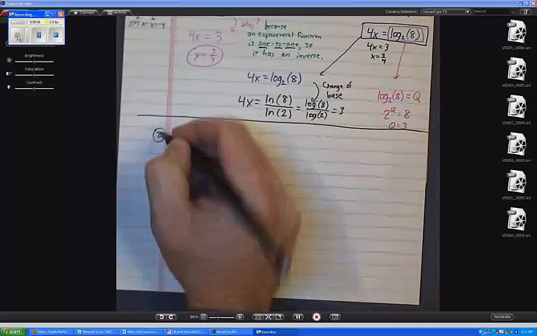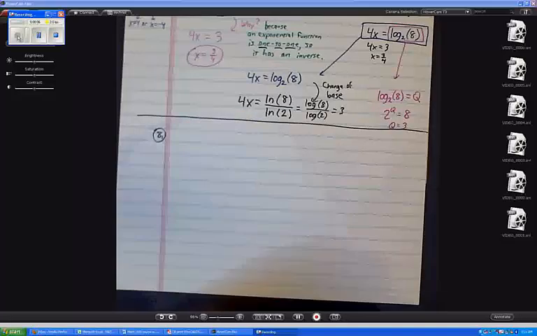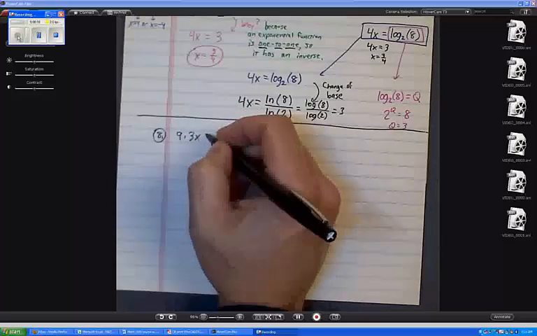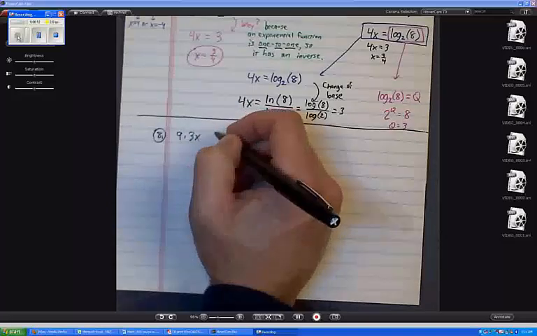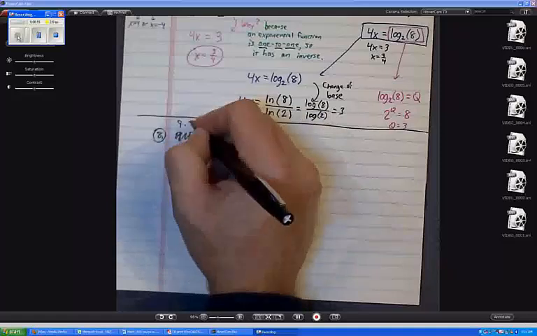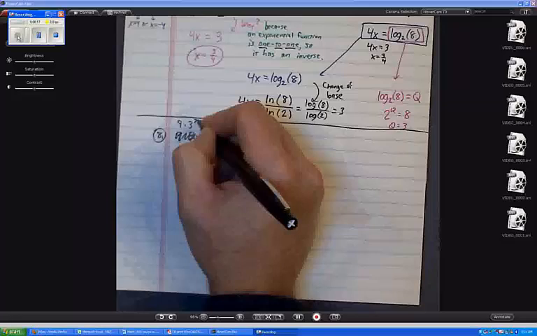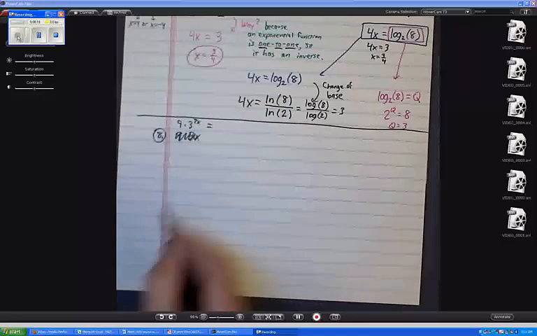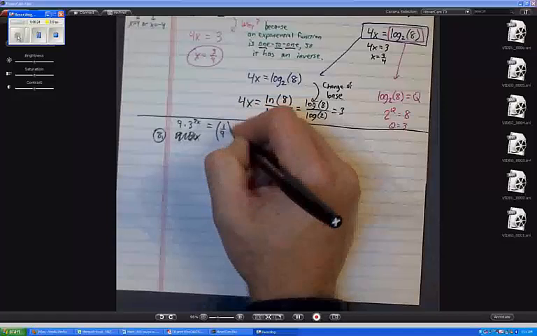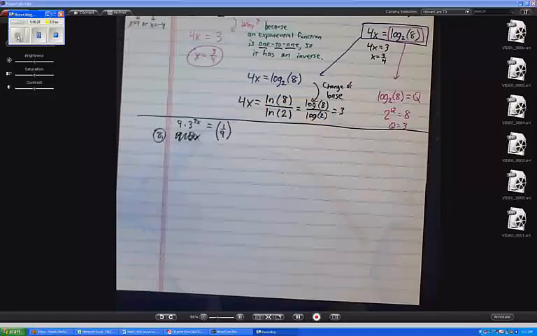Number 8 says 9 times 3 to the 7x power is equal to 1/9 to the 2x power.